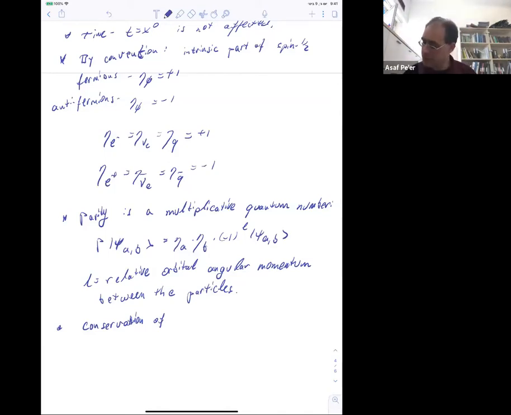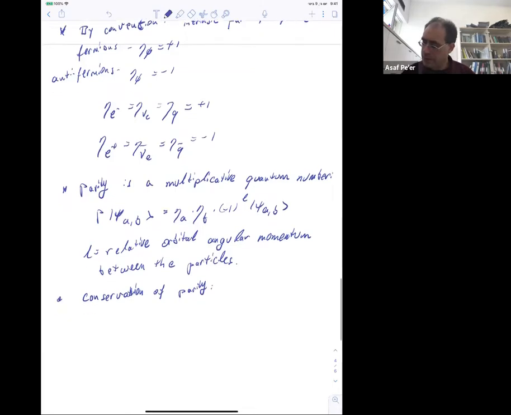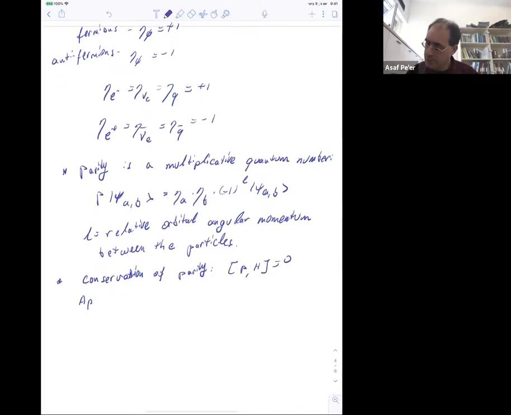Conservation of parity means that parity commutes with the Hamiltonian. And that means that applying the parity transformation to the initial and final states gives the same result. So that's the meaning of conservation.